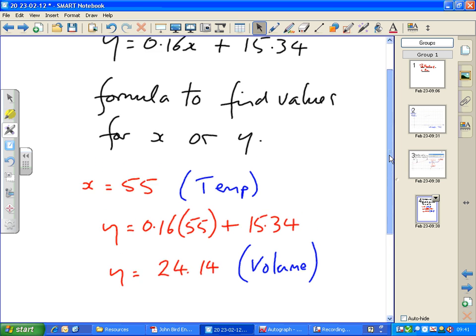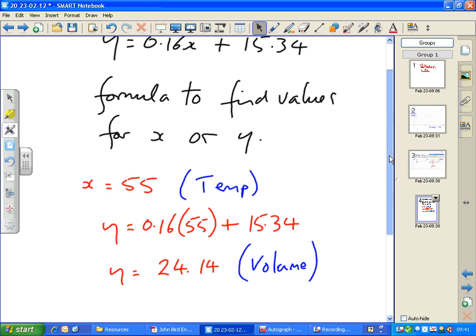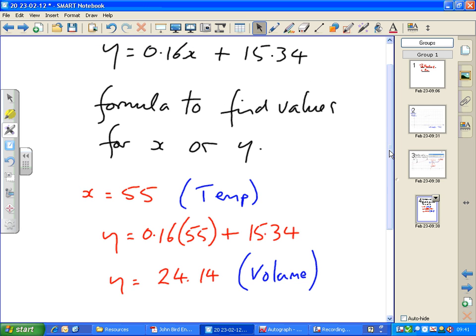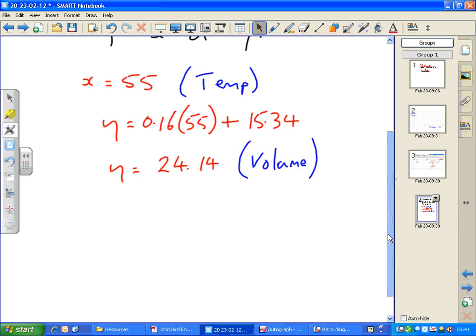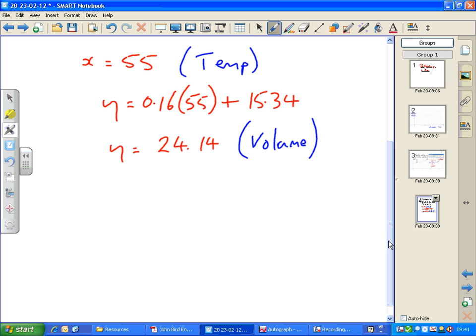If we wanted to find x, given a value for y, we would have to rearrange this formula for y, for x, wouldn't we? So in other words, we'd have to use algebra, which we've been practicing, rearrange that formula, and we'd get a value for x. So if y equals 30 cubic meters, find x.